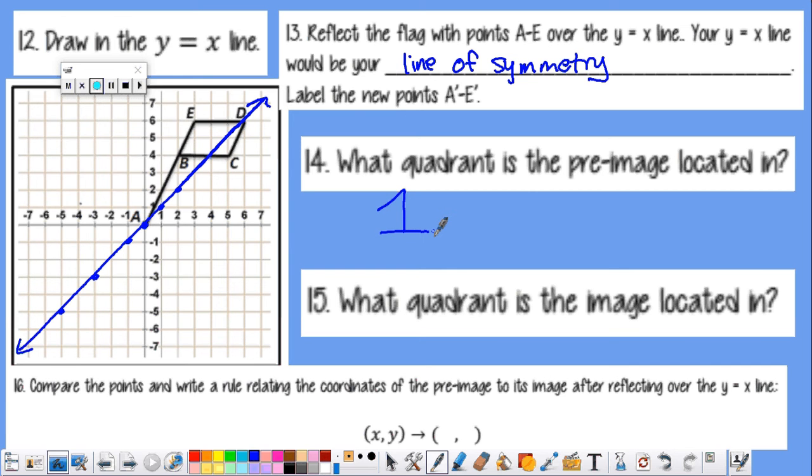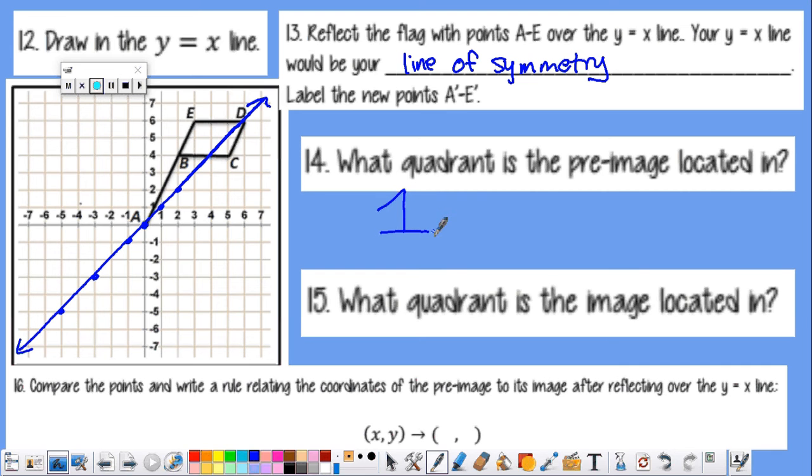This one's weird, right? Because the line of symmetry cuts the picture in half, so part of it gets reflected over to one side, and the other part gets reflected to the other side. So let's see what happens.